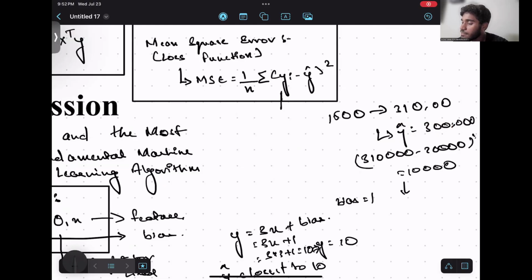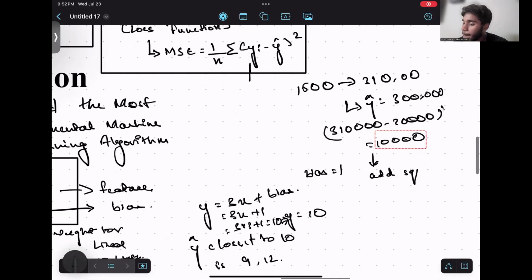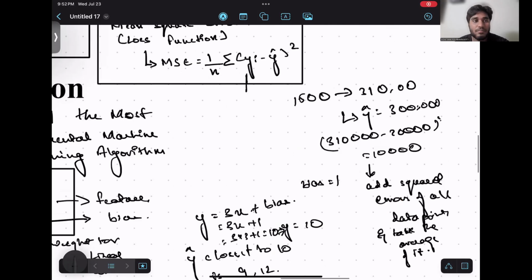Now we add all the squared errors of all data points and take the average of it. This gives us the MSE. The lower the MSE, the better the model performs.